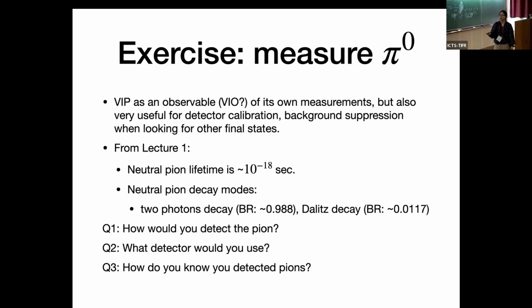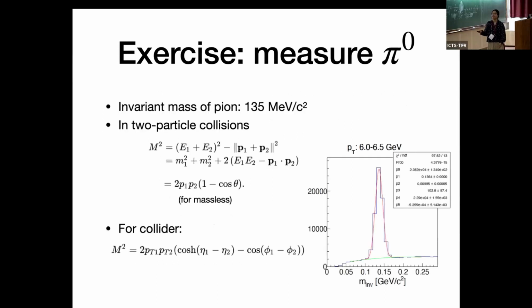What do you have to detect? It's the photon that decayed, right? So to detect the photon, what kind of detector would you use? Yes, calorimeter. Very good. It's the same calorimeter that you use to measure your signal photon, and within that signal photon there is background photon, really, right? And the third question, how would you detect pions? We already answered this by the invariant mass reconstruction.